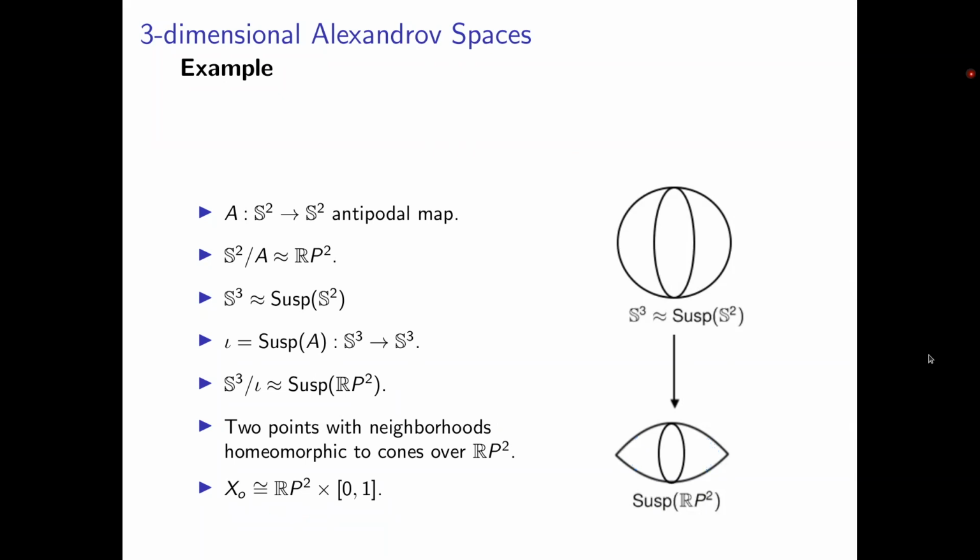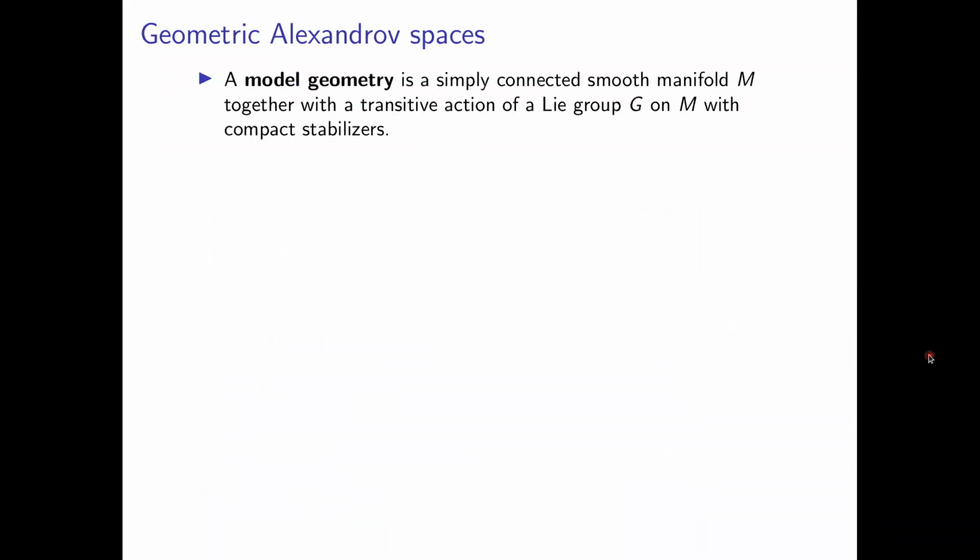Okay, so now, just to state the theorem, I need to remind you of a little bit of three-manifold geometry. Let's recall that a model geometry is a simply connected smooth manifold with a transitive action of a Lie group that has compact stabilizers.